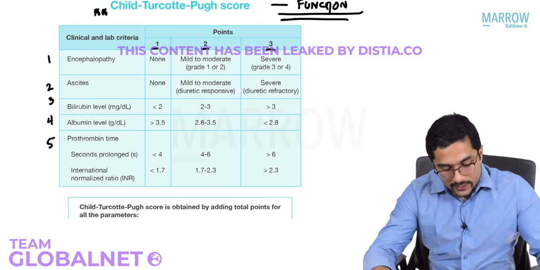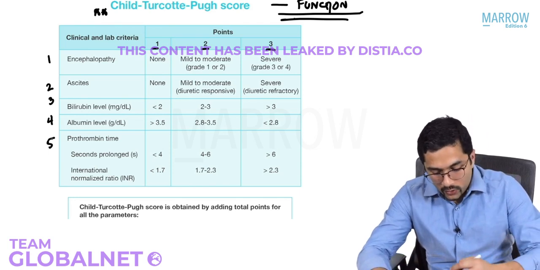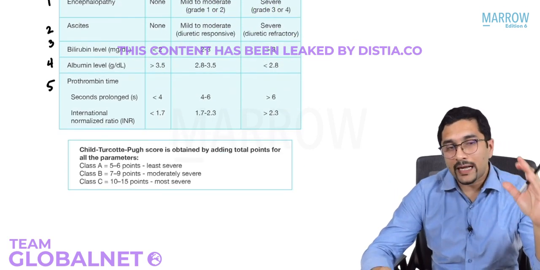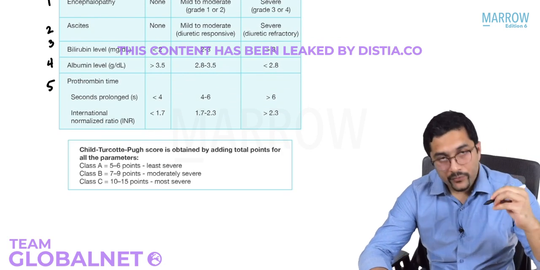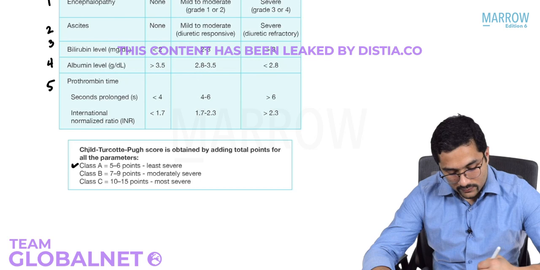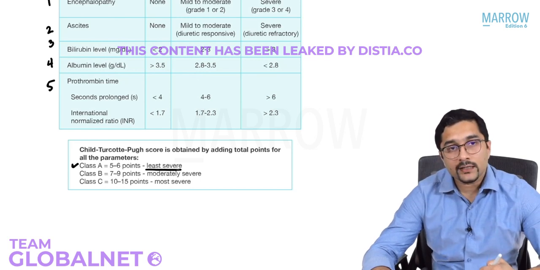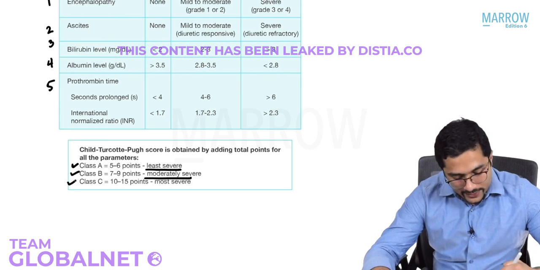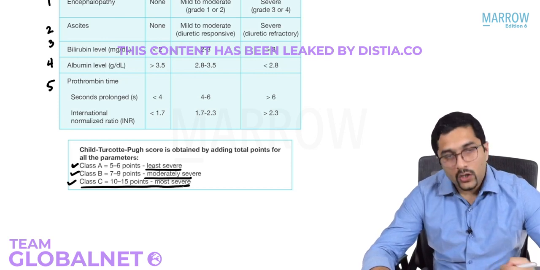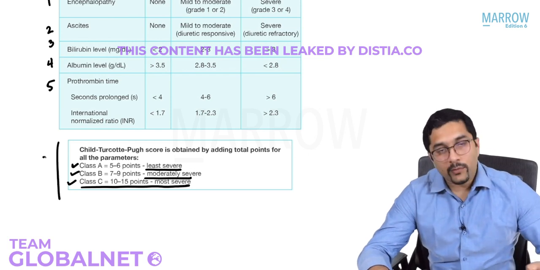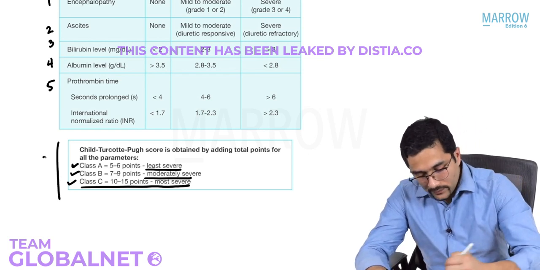So based on this, we can calculate the score, which can range from a minimum score of 5 to a maximum score of 15. So Child-Pugh A is a score of 5 to 6, which is least severe disease. 7 to 9 is moderately severe, and 10 to 15 is most severe or a decompensated liver. So these points you should remember for the exam in detail.